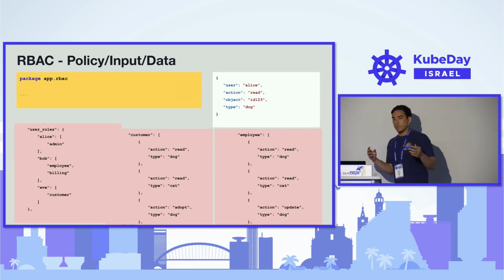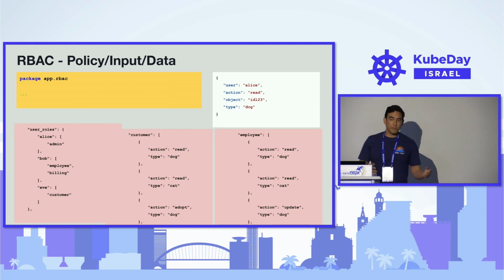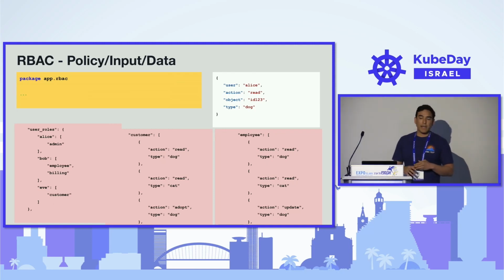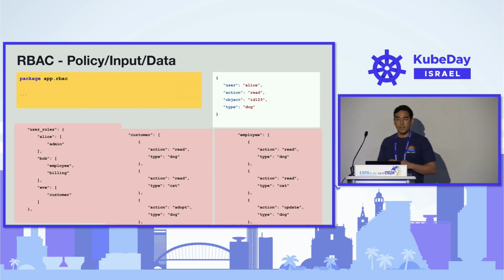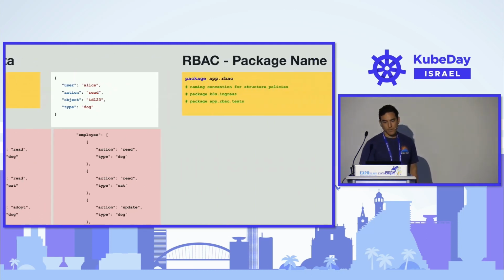And so since most people in this room haven't written any Rego before, we're going to write a simple policy here, which is just around RBAC and controlling or defining what a specific user can do, right? And so here on the screen, I'm showing some data in these pink boxes at the bottom. I'm going to abstract a lot of this away, but that's just the small data block that we're working with here.